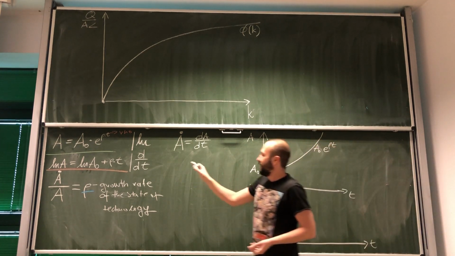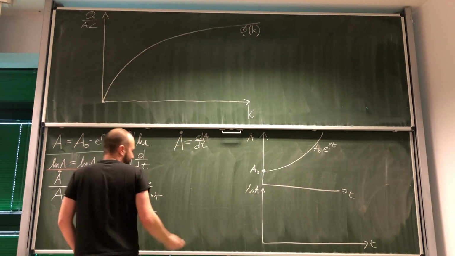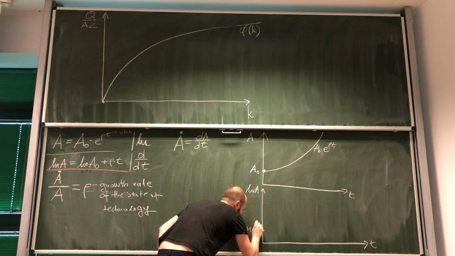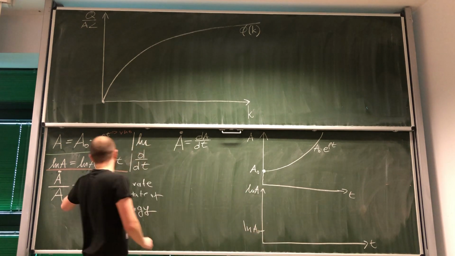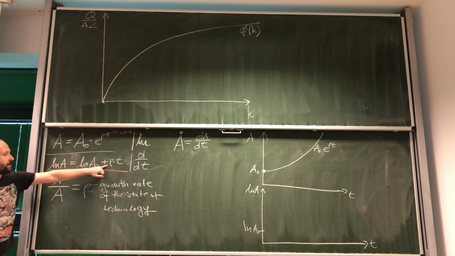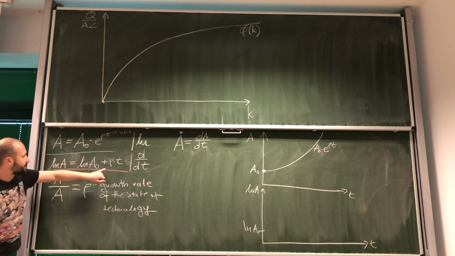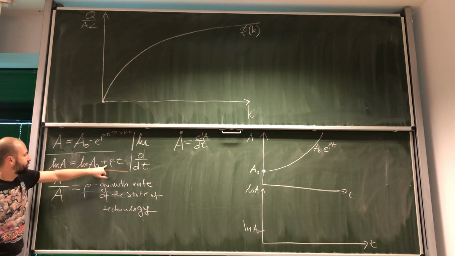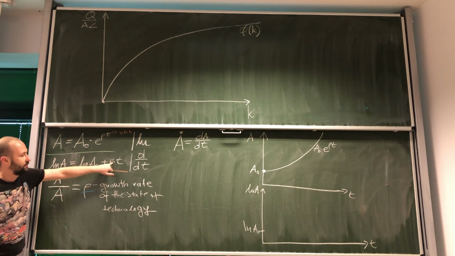If I put this on a graph, I start at some ln A0, but then it turns out that the growth rate, represented by the slope of the function, is simply given by rho.